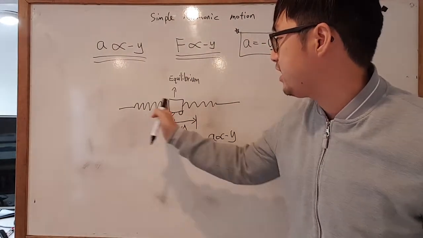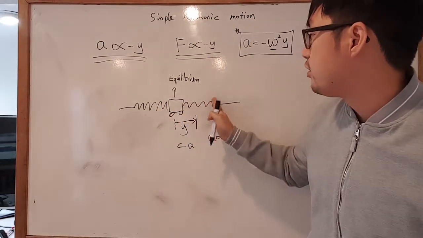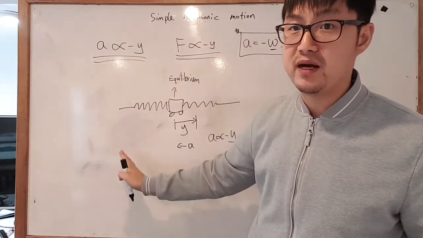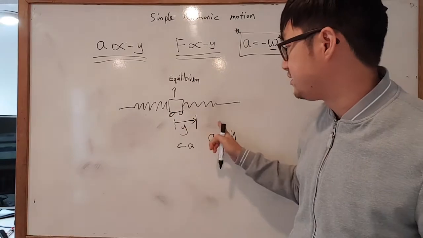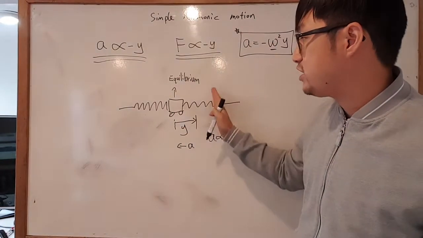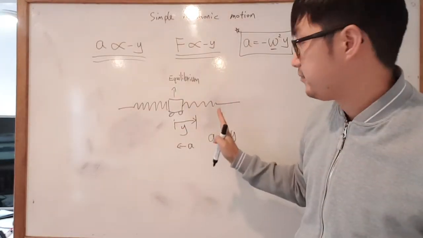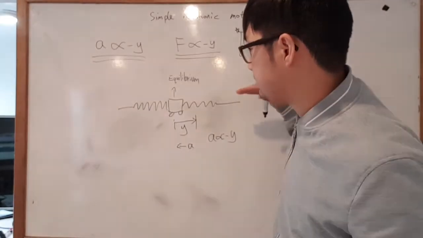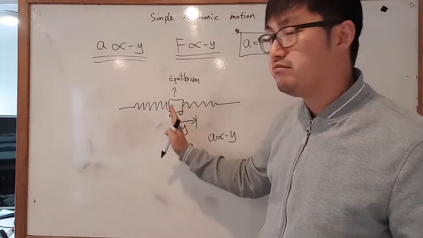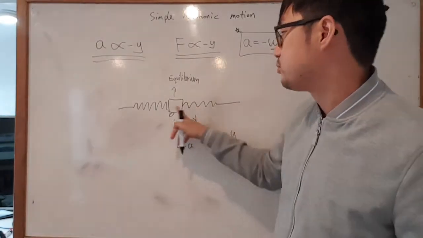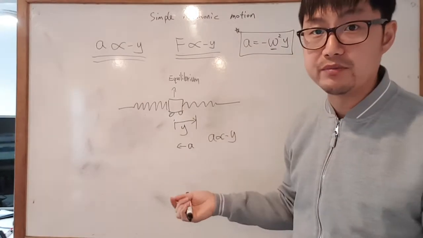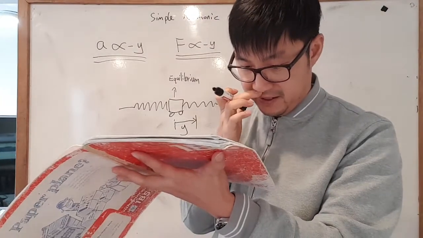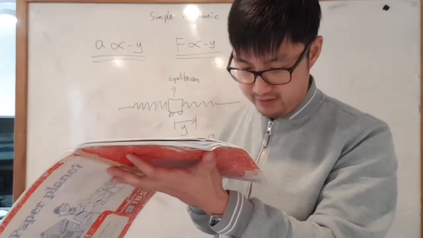If we're vibrating like that, speed is 0 when it reaches this end, when the displacement is maximum. Y is the displacement, and acceleration is also maximum over here. When it reaches the middle, the speed is biggest. But in the middle, there's no acceleration, because the two spring forces pulling on it are equal in size, so they cancel each other out, okay? So that's acceleration and speed and how they differ.